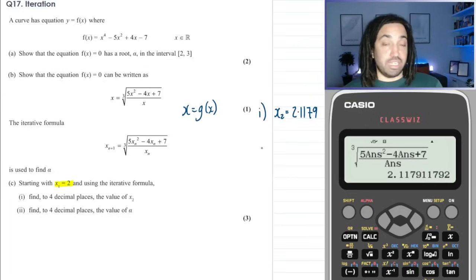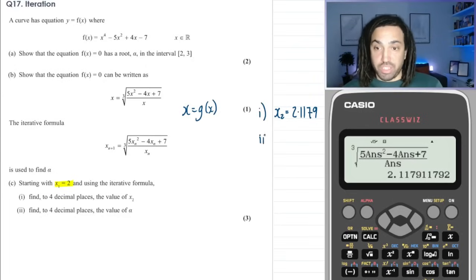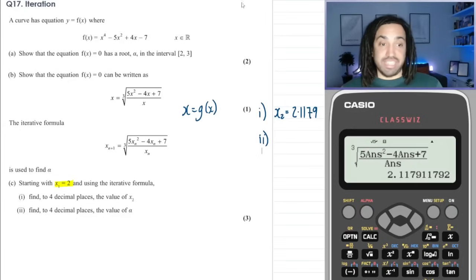But now we need to find alpha. So what we're going to do is find the next x value by pressing equals, and it's going to converge upon the root. So we're just going to keep spamming equals. That's x3, 4, 5, 6, 7. And you're just going to keep pressing it until we get no more changes. Perfect. There we go.